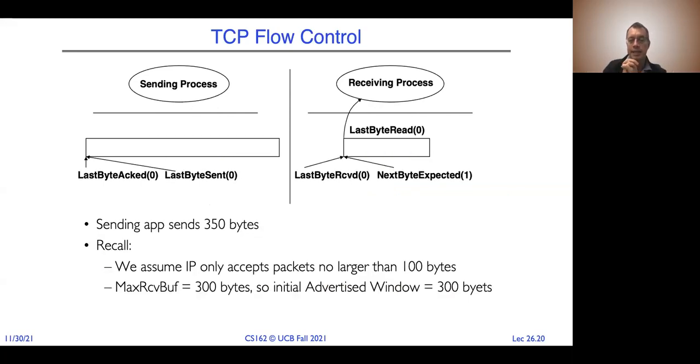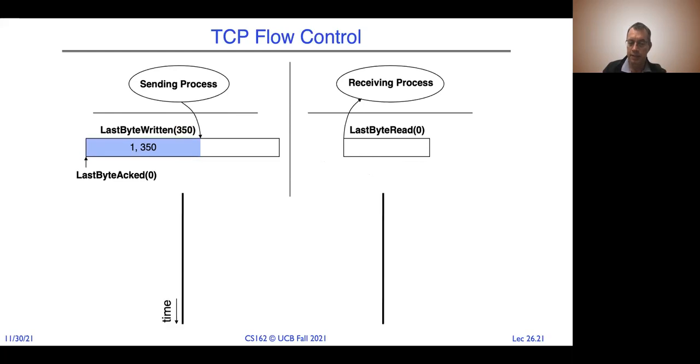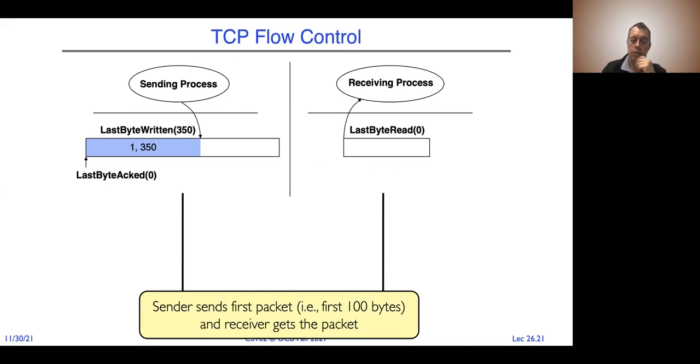Okay, so now let's take a simple example. Let's say the sending application sends 350 bytes. We assume the IP only accepts packets no larger than 100 bytes. And let's say the max receiving buffer is 300 bytes, and the advertised window initially is 300 bytes. So the sender first sends the first packet. How big is the first packet? 100 bytes, because that's the maximum size of the packet.